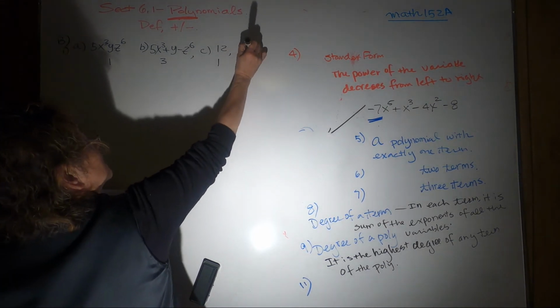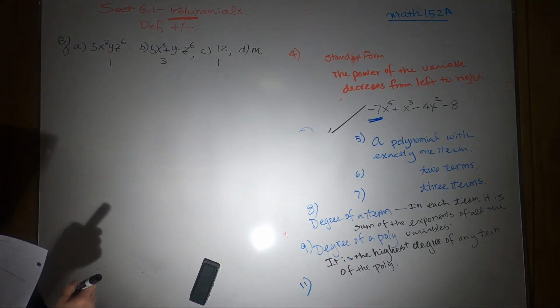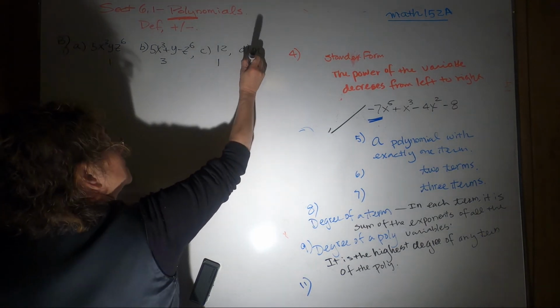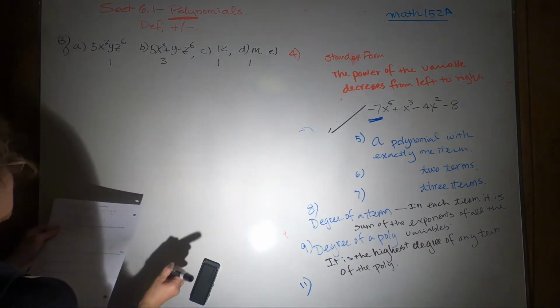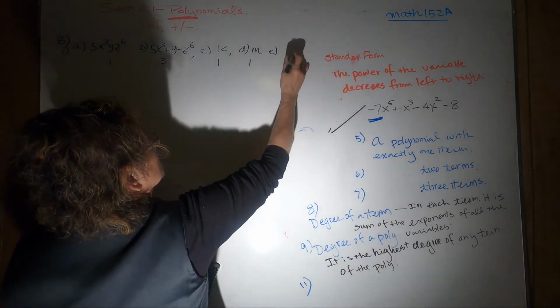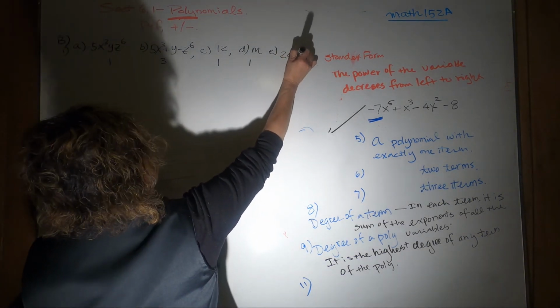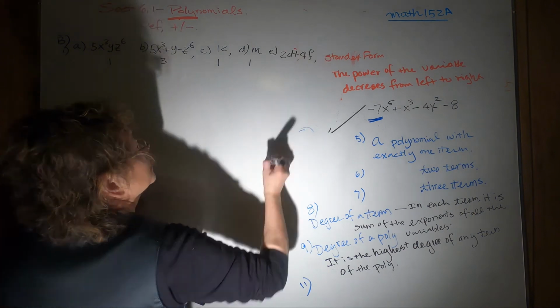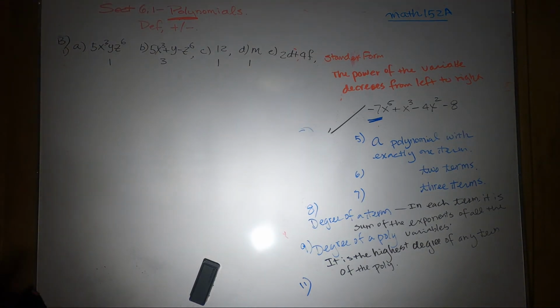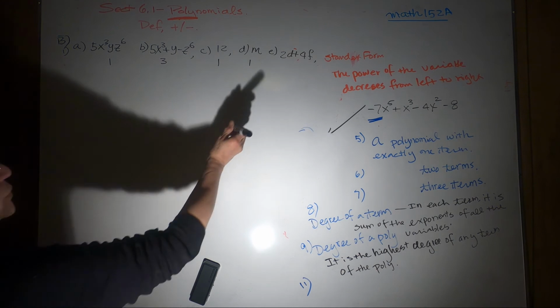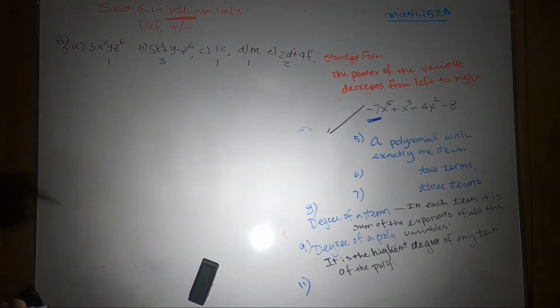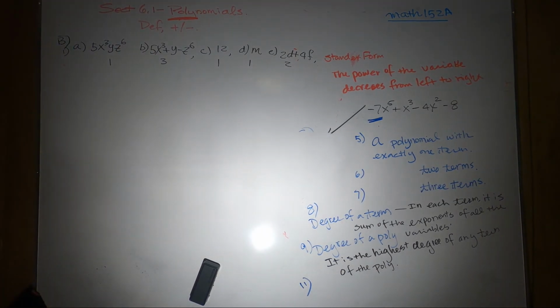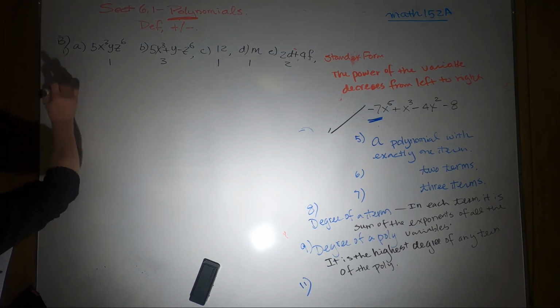If we have m, how many terms? One term. If we have 2d plus 4f, what do you think? 2, right? So each term is separated by plus and minus signs.